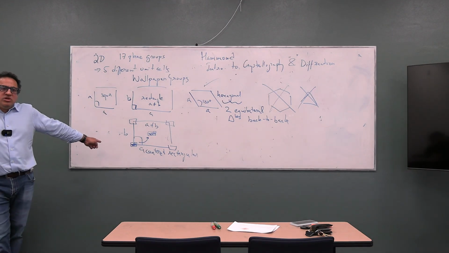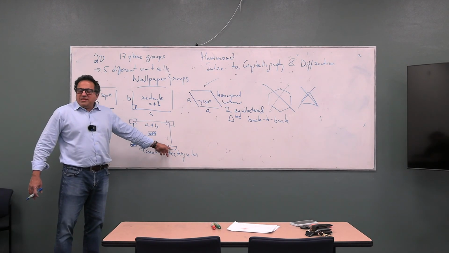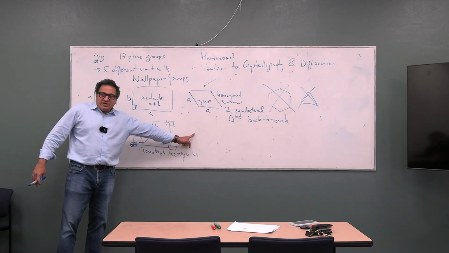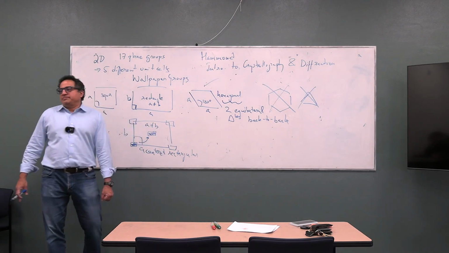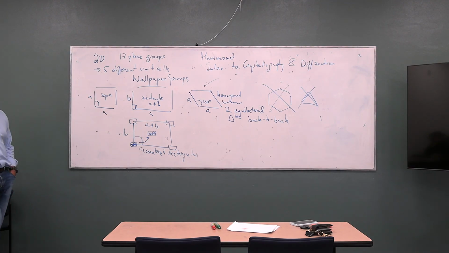So to 0, 0, we'd add 1/2, 1/2. This would be 1, 0, we'd add 1/2, 1/2, so it'd take us in the next unit cell, etc. Okay? So it's called centering, and in 3 dimensions, centering becomes very important. There we have face centering, body centering, etc. We'll see that presently.